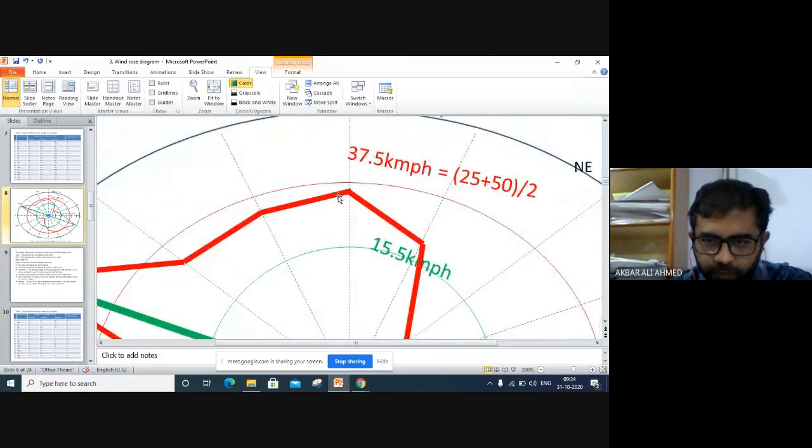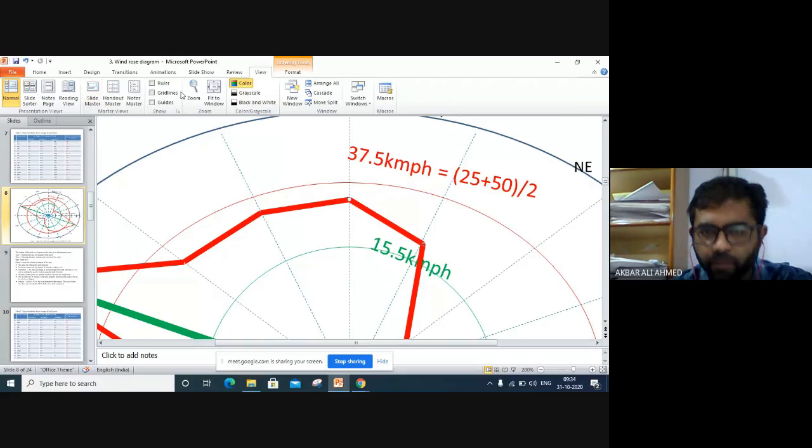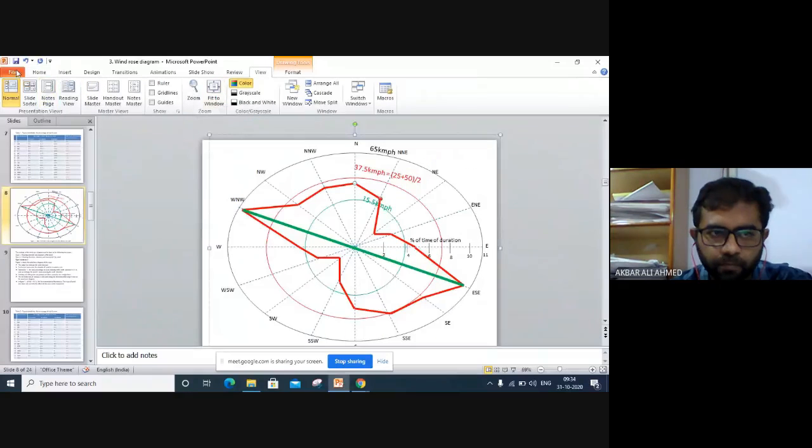Now it is correct. So 6.1 you can plot. Similarly, you plot all the points.